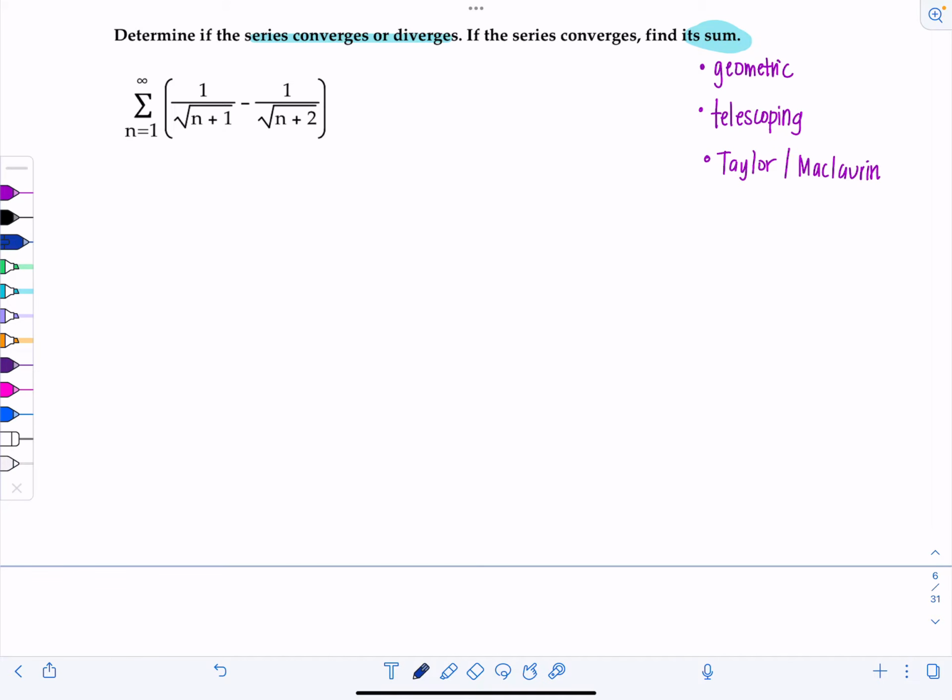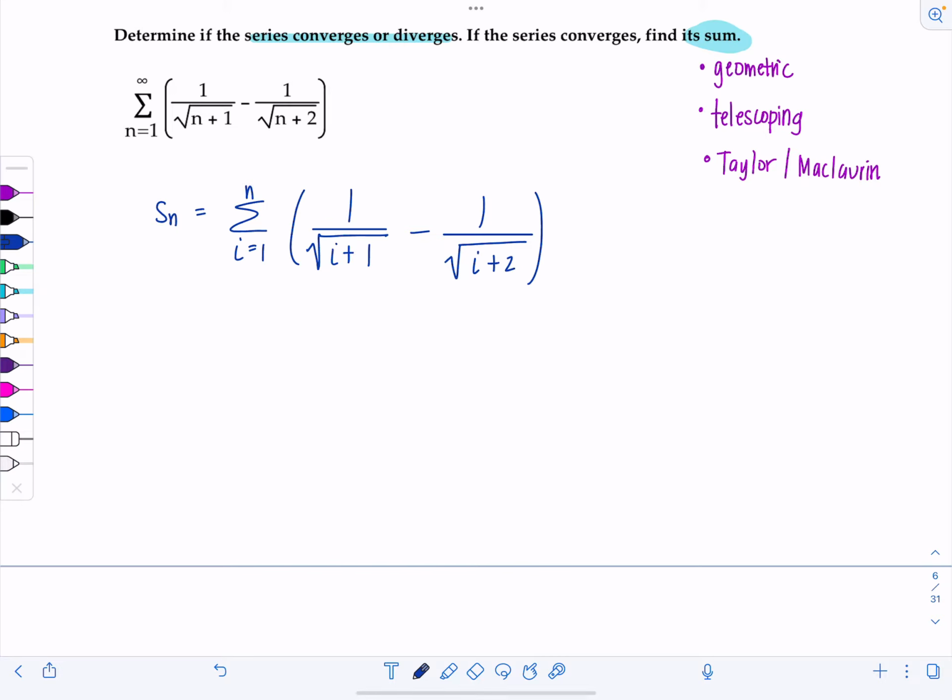So now what I'm going to do is figure out an expression for the nth partial sum. S sub n is going to be the sum i equals 1 to n of 1 over, now change all those n's to i's, radical i plus 1 minus 1 over radical i plus 2. Now, starting at i equals 1, you're going to list out the first few terms until you see a pattern.